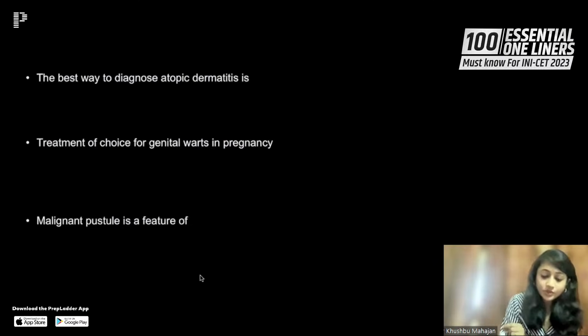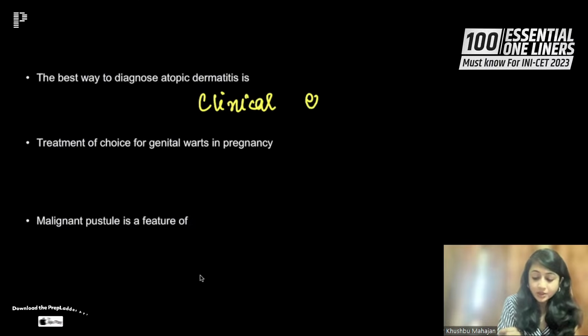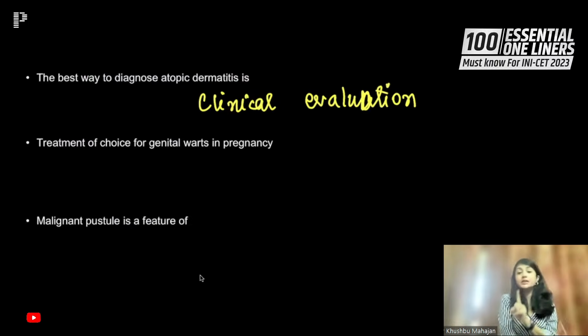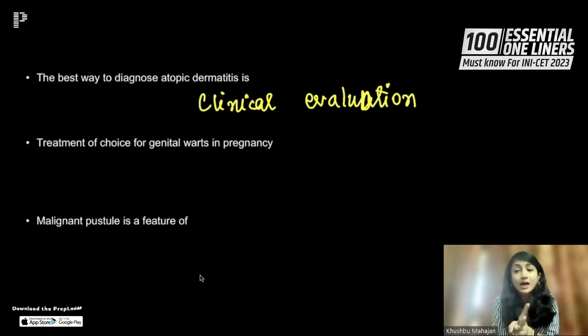Best way to diagnose atopic dermatitis is clinical evaluation. There is no test to diagnose atopic dermatitis. You follow the clinical criteria of Hanifin and Rajka. So it is clinical evaluation, right? Don't mark patch test, don't mark IgE. It is clinical evaluation.